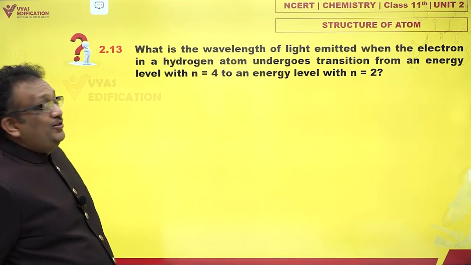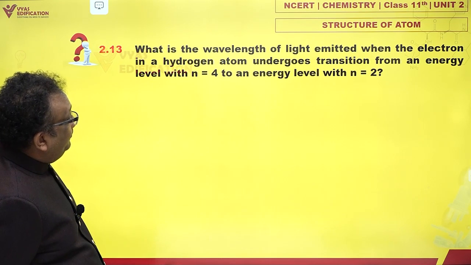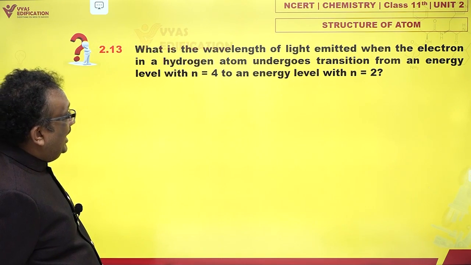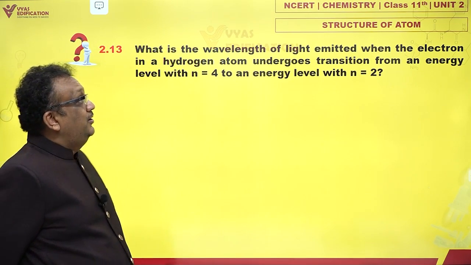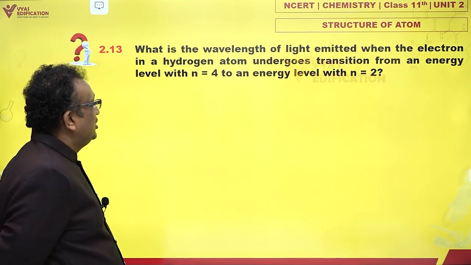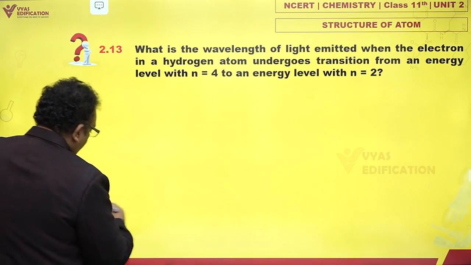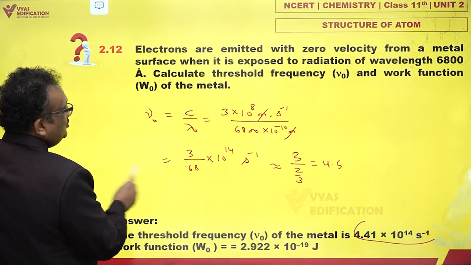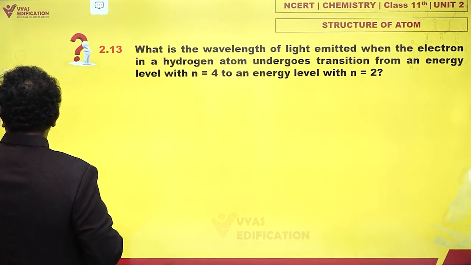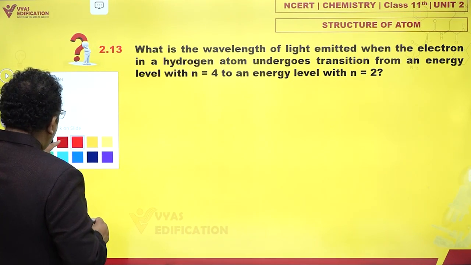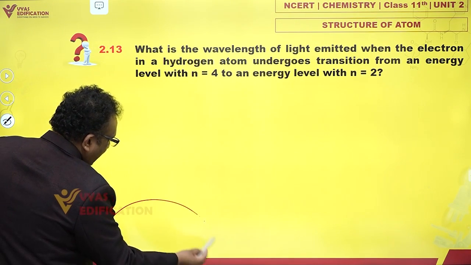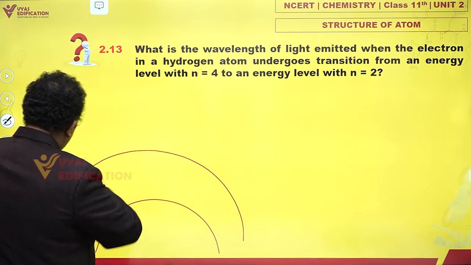What is the wavelength of light emitted when the electron in a hydrogen atom undergoes transition from an energy level with n equal to 4 to energy level with n equal to 2? Now, within an atom, there are many energy levels. How exactly are electrons arranged around the atom?